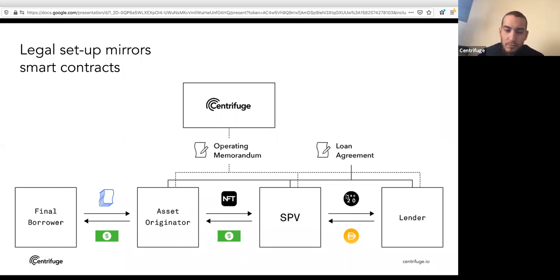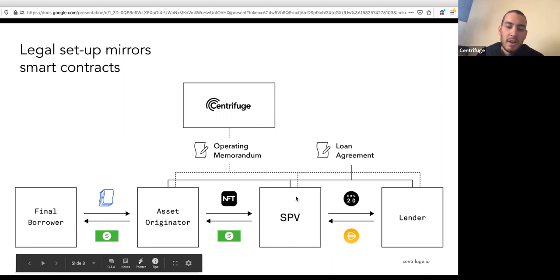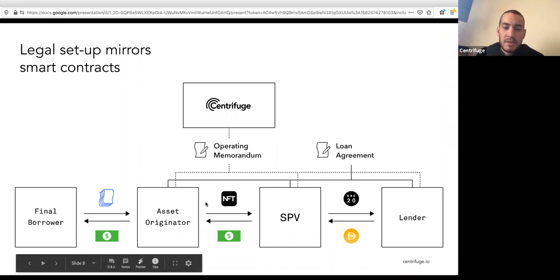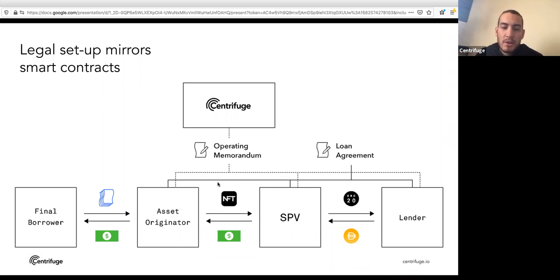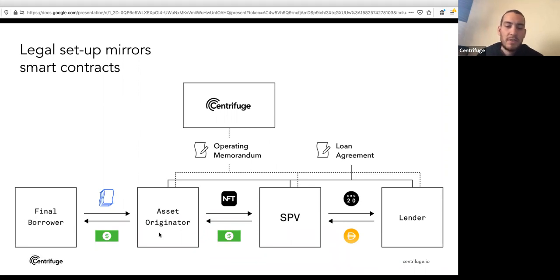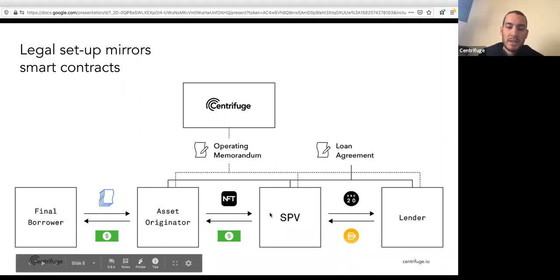So what this SPV does is, when an NFT gets put into a Tinlake contract, the asset originator has a loan agreement with that SPV that legally enforces that by transferring this NFT, the SPV now holds the asset.